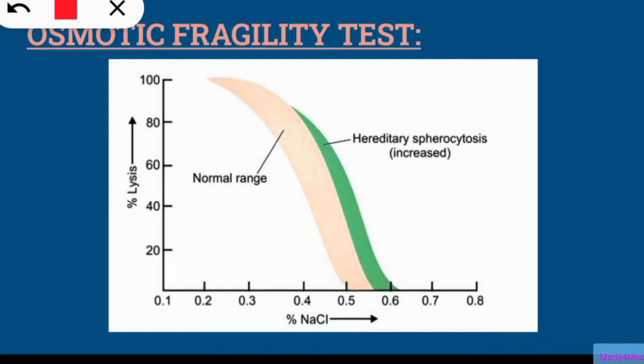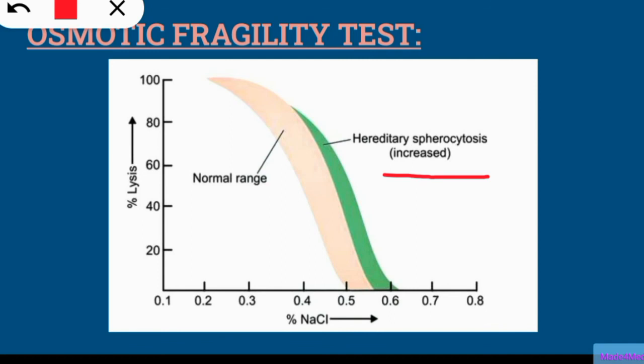Here you can see this is the curve for hereditary spherocytosis, and this is the normal range in yellow for normal RBCs. So around 0.6% NaCl, the spherocytes begin to burst out. There is beginning of the hemolysis.